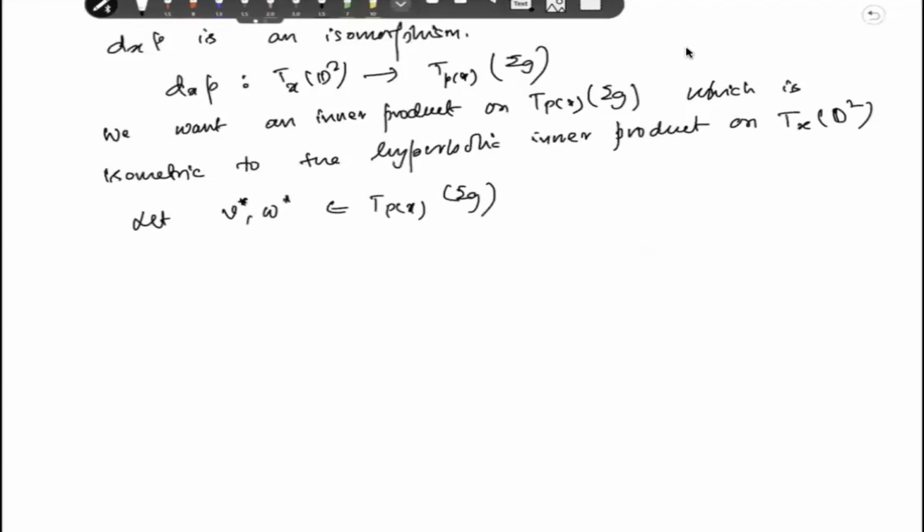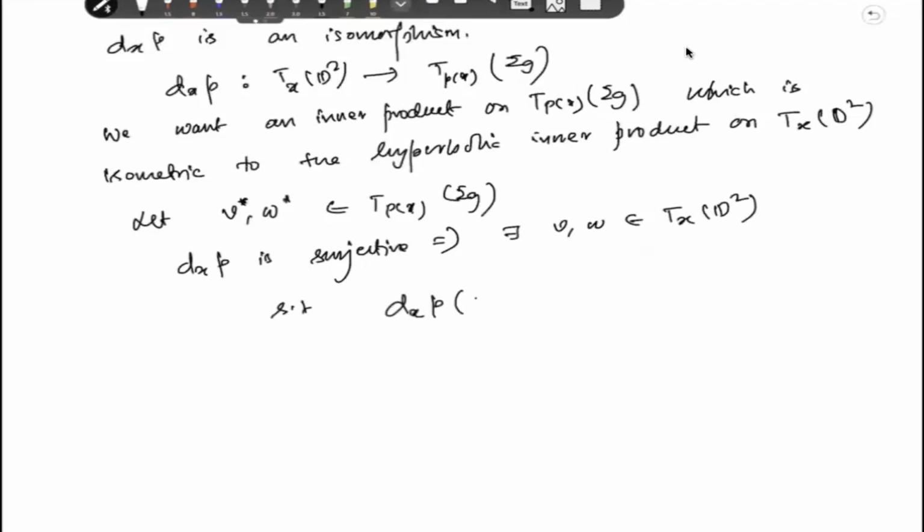Because dp_x is surjective, this will imply that there exist v, w in the tangent space of the unit disk at the point x, such that this differential will take v to v star and w to w star.